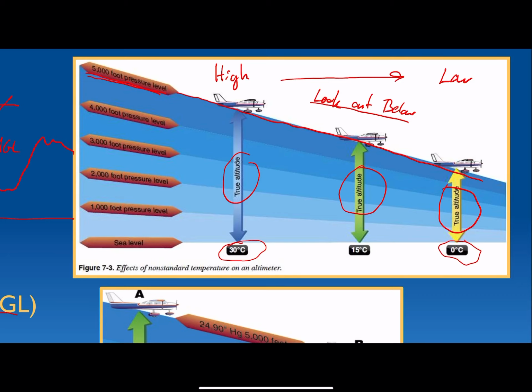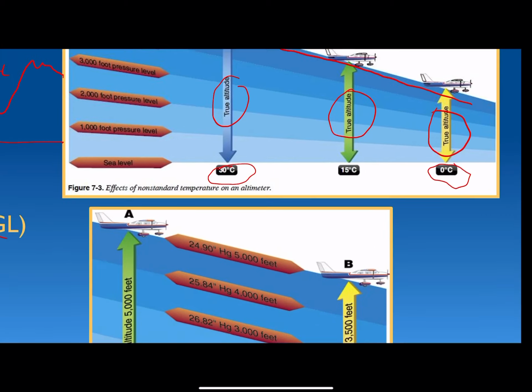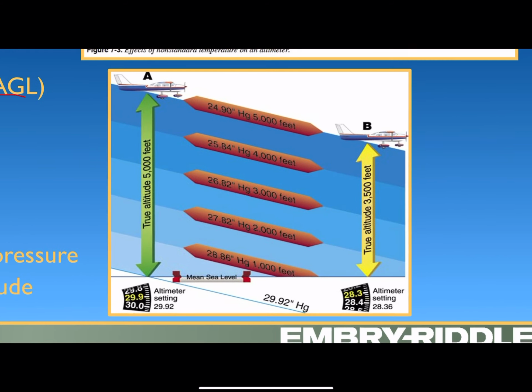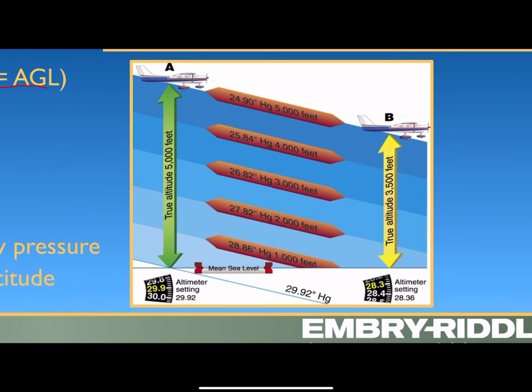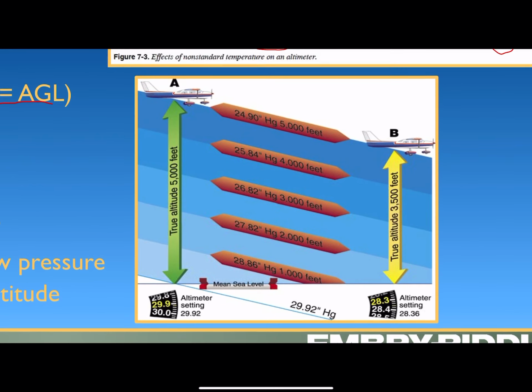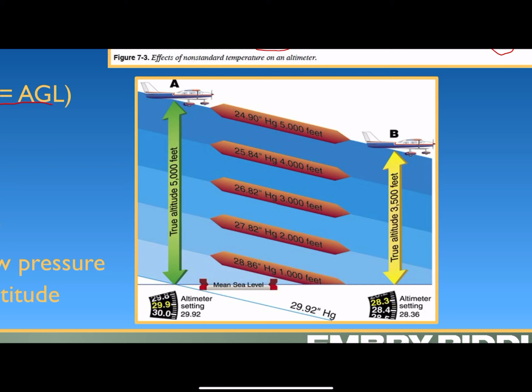The same rule of thumb applies if we're flying from an area of higher pressure to an area of lower pressure. You notice aircraft A here has an altimeter setting of 29.92. We will consider this a high pressure. So over here we have high pressure. As the aircraft flies, now the pressure has decreased. Now we're at a pressure of 28.36. We've flown into an area of low.